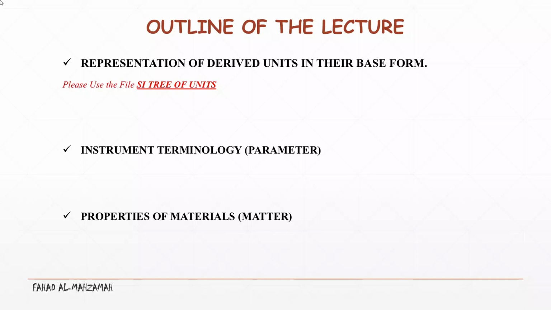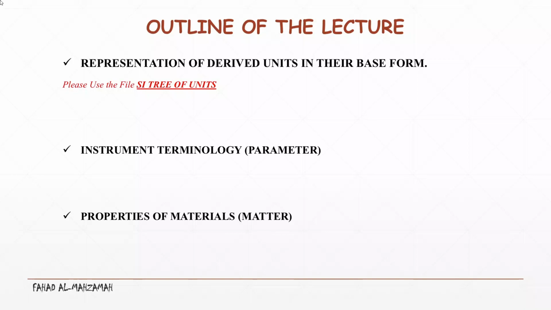In this file, we are showing different derived units and how they are connected to the base units. The second section will be some instrument terminologies or parameters that are very important to know for different devices and measurements and for some device selection. The third point will be the properties of materials or matter.